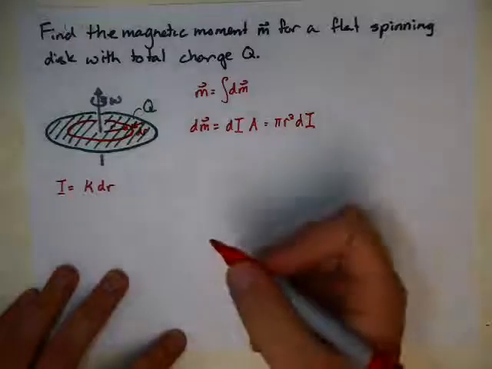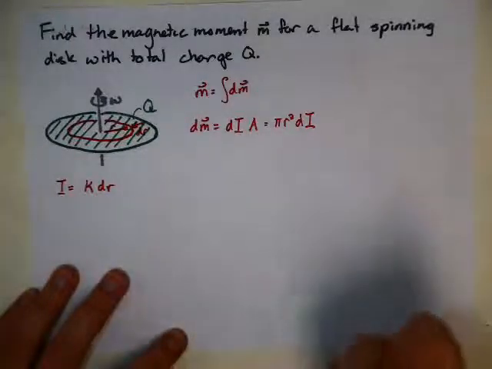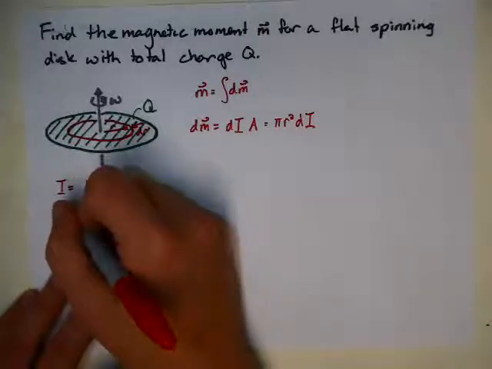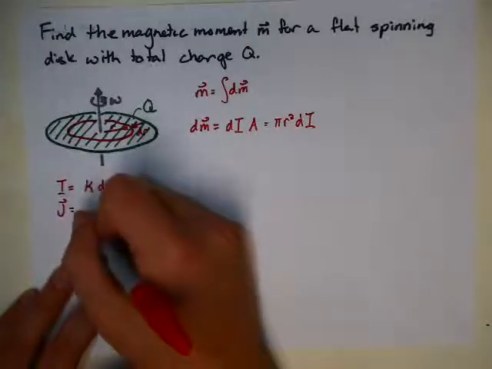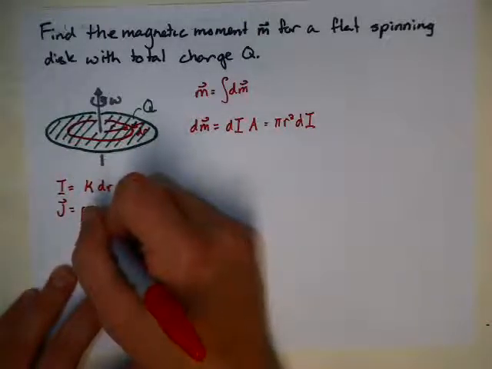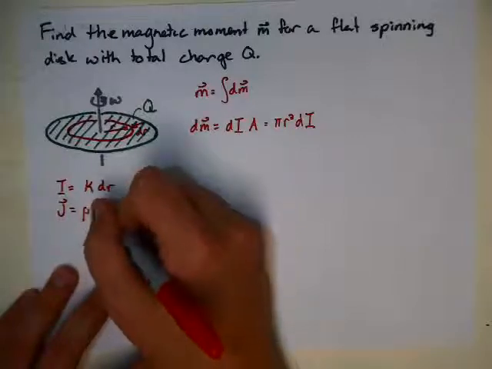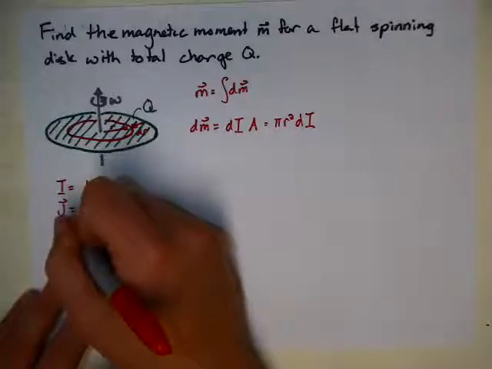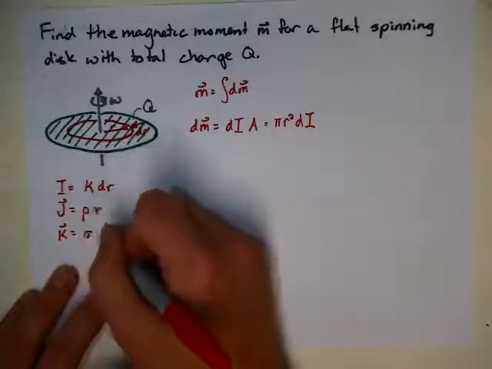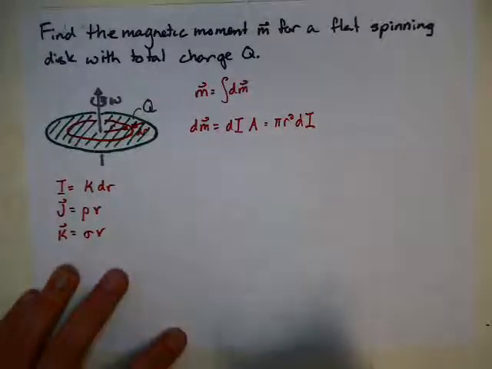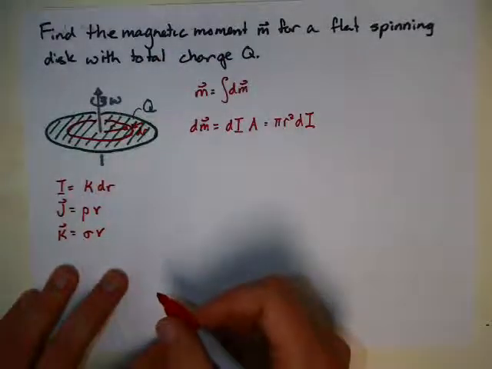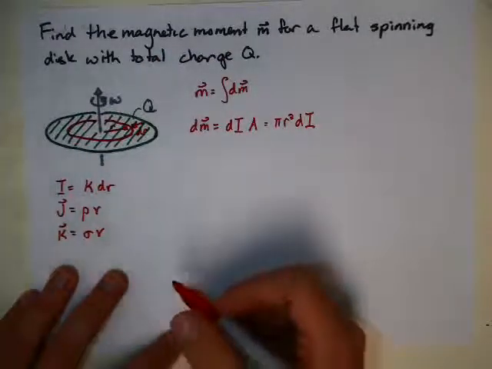K is going to use a similar idea to the one we have that the current density is the volume charge density times the velocity at each point. Using this exact same analogy, the surface current density is equal to the surface charge density times the velocity at that point. The velocity at that point is just r times omega.